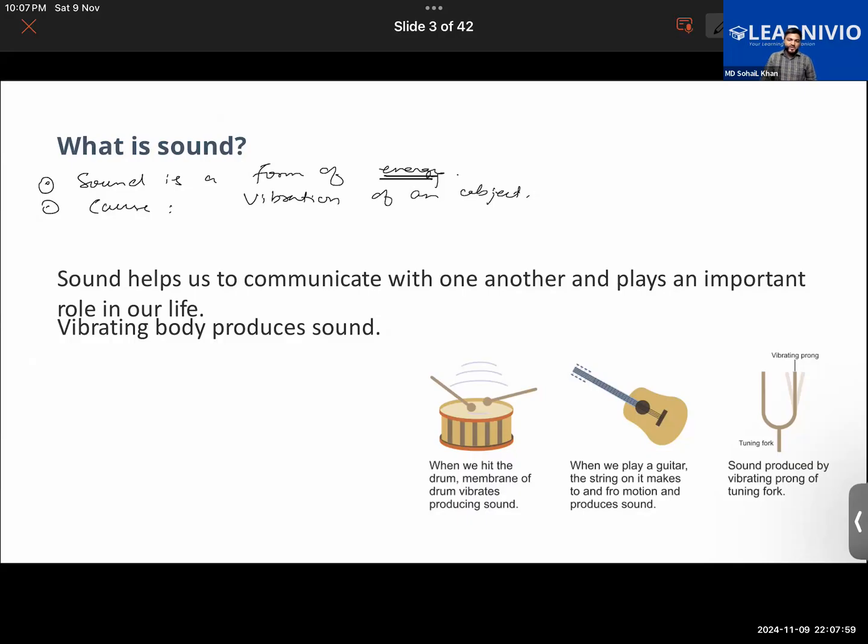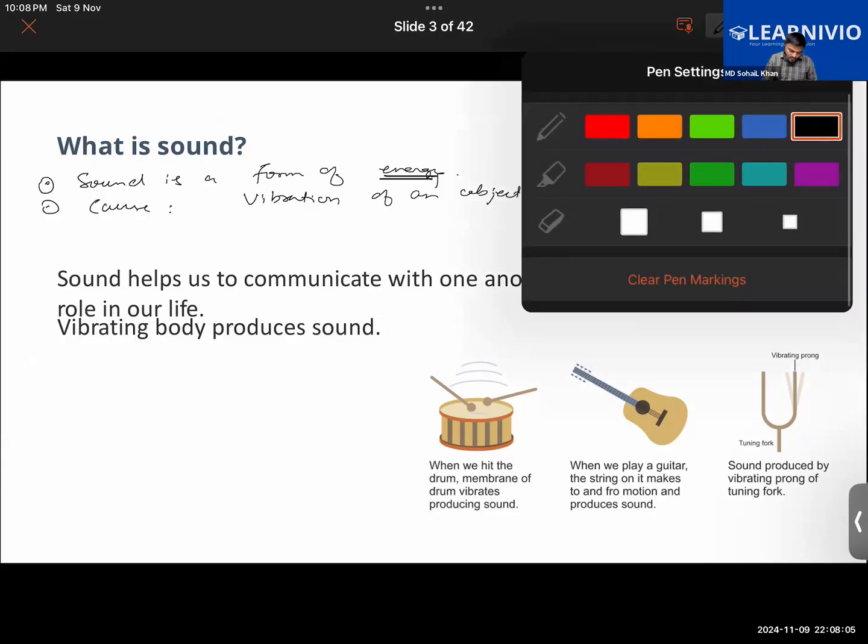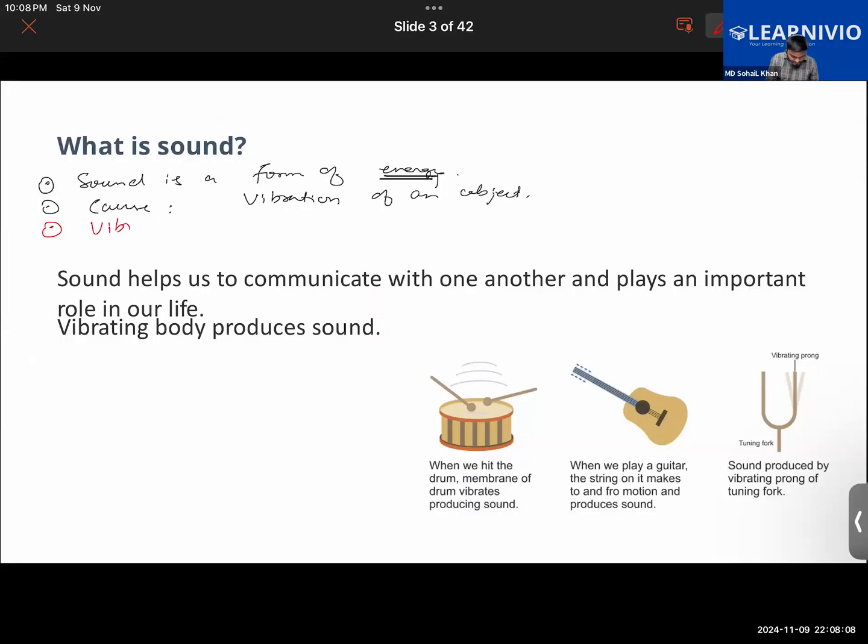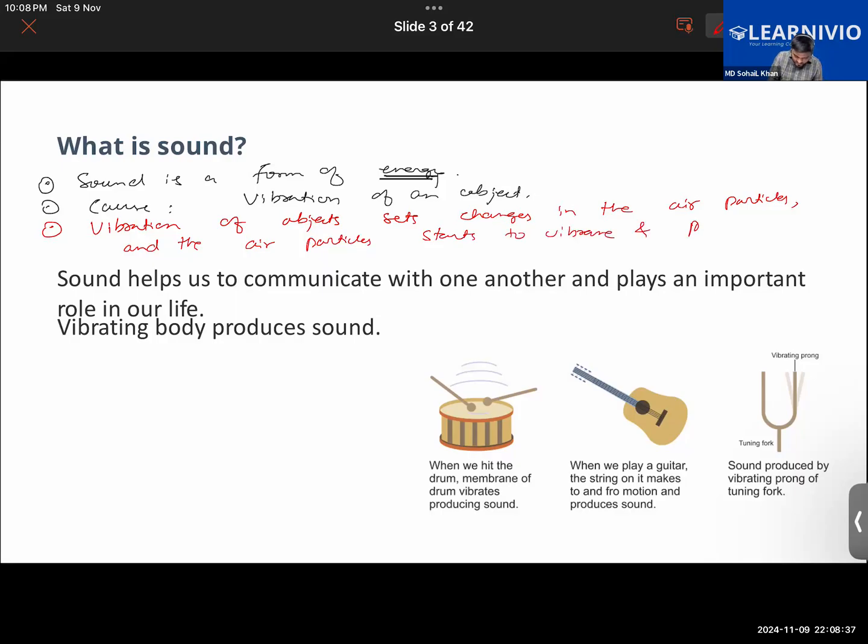The vibration of an object sets changes in the air particles, and the air particles start to vibrate and produce sound.